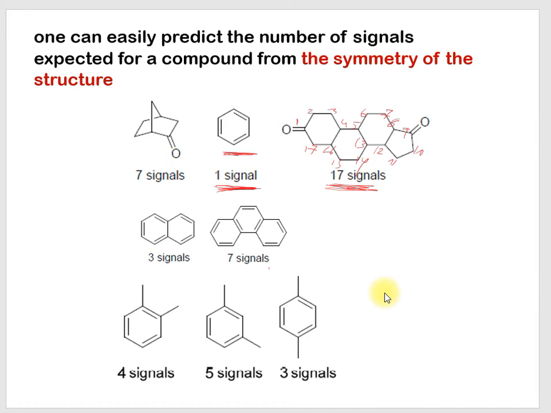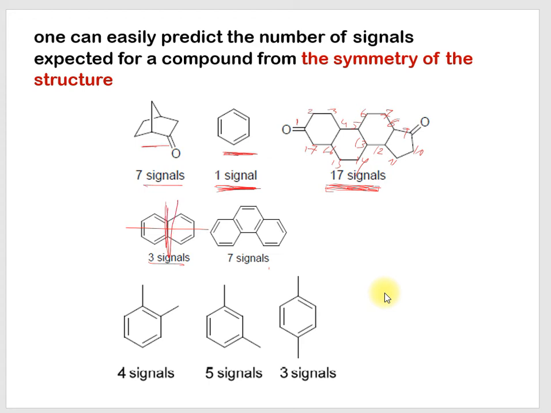So by comparing the number of signals with the number of carbons in the molecule, you will be able to predict whether there is symmetry or not. In this example there are 7 signals for 7 carbons. Here there are 3 signals, so you can predict the molecule to be symmetrical.